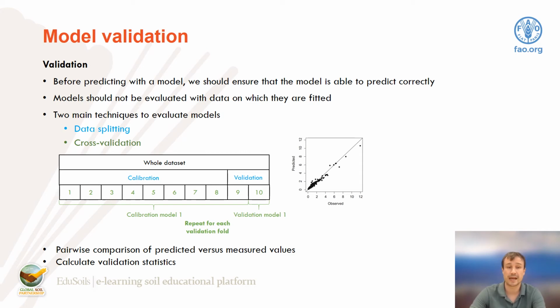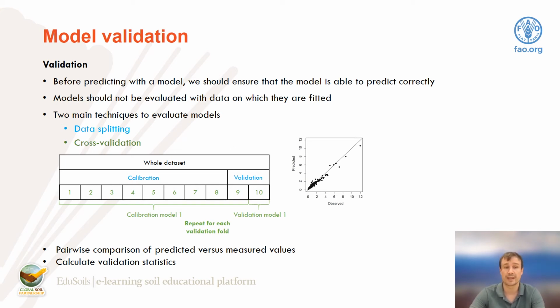Then we use 9 of these folds for calibrating a model, for fitting a model, for predicting a soil property. And then we predict at the remaining single fold that was not used for calibration. We repeat it 10 times, and each time we use a single fold for validation. So at the end, every fold has been used only once for validation.